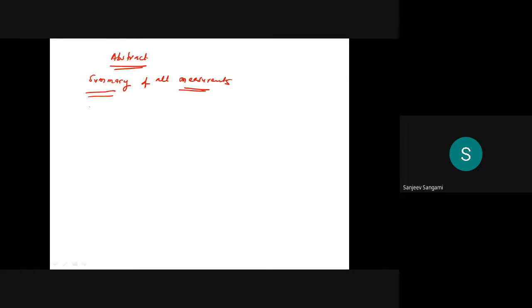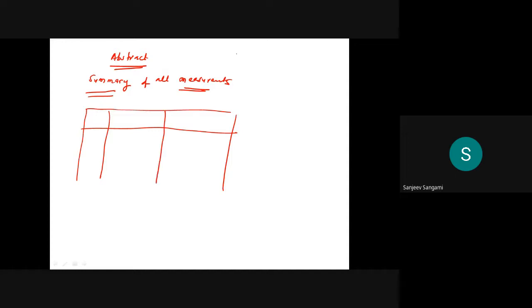How exactly it can be done? Whenever you're preparing the summary, better you write it. This is summary for only quantity estimation, not the cost.